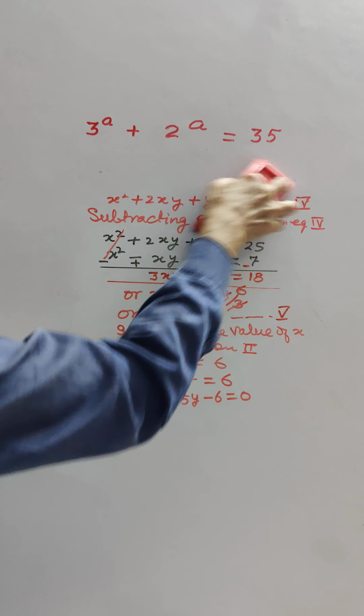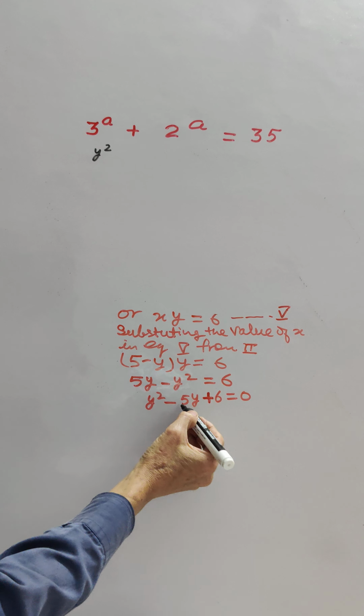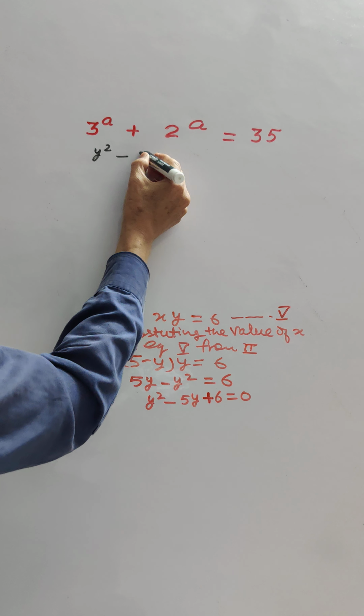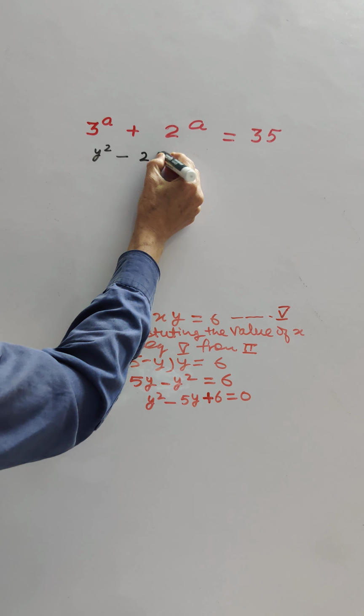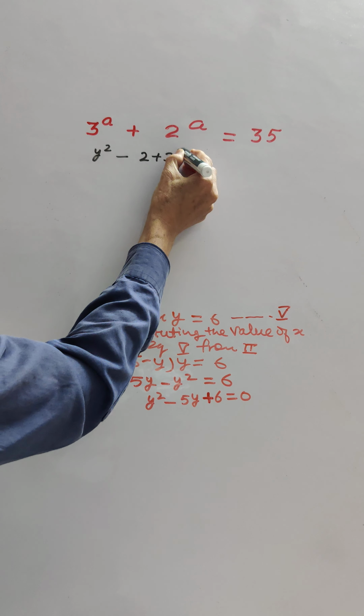So this way, the middle term is minus 5 and the product is plus 6. So y square, instead of 5 we can take 2 plus 3, 3 times 2 is 6.